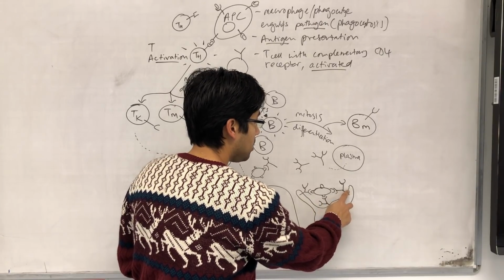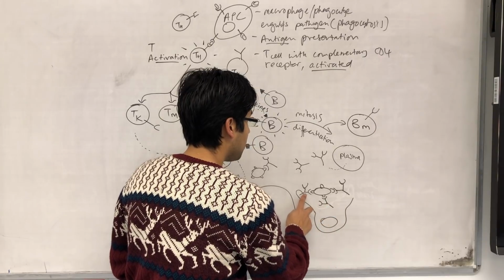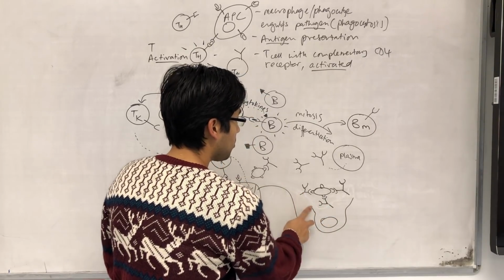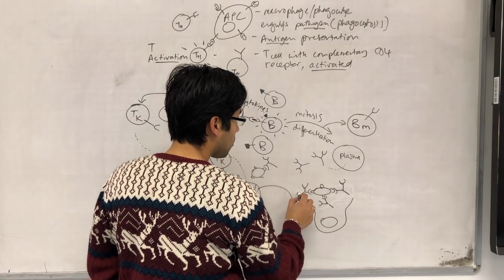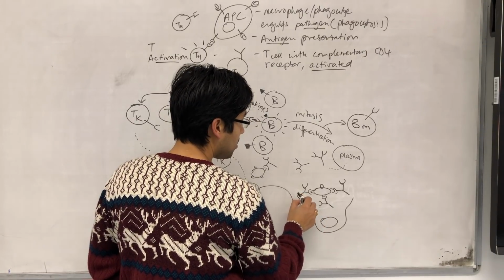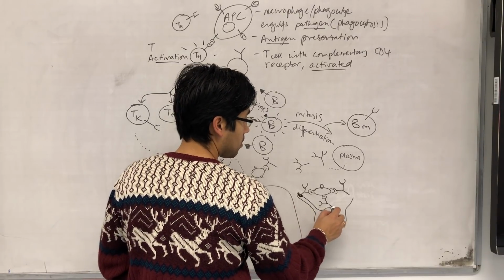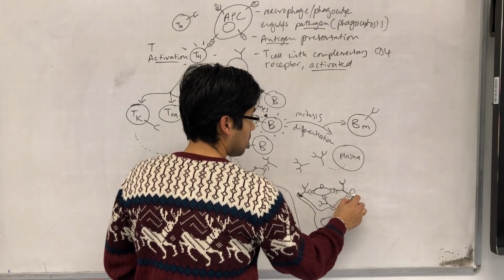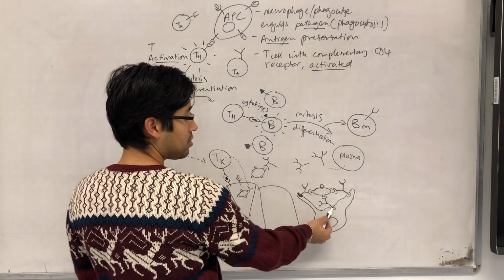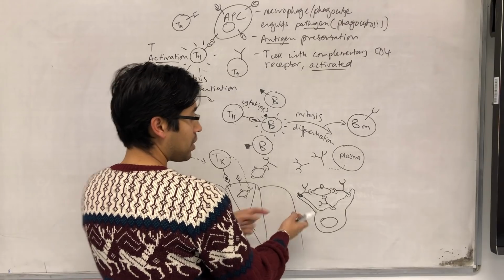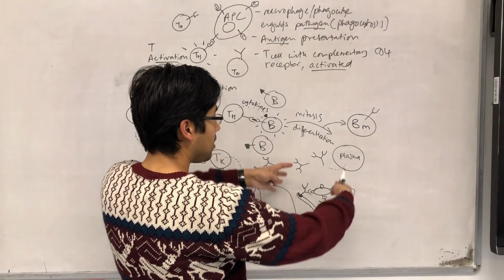That is antibody. Actually, let me just draw that in a more accurate way. So what's happening is that the membrane has binding sites for the antibody on this side. It's got a binding site there for the antibody, and by binding there, it's helping it to extend its membrane around.